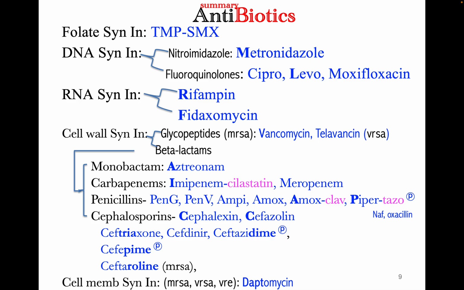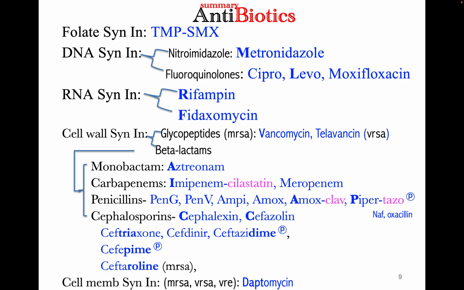And you should never give this drug to a pneumonia patient, because this drug can be inactivated by pulmonary surfactant. This is a board question, remember that. Daptomycin can be inactivated by pulmonary surfactant, therefore it should not be given to pneumonia patients. Okay, so that's an important point to remember for the next year, second year, and also for the board exam.